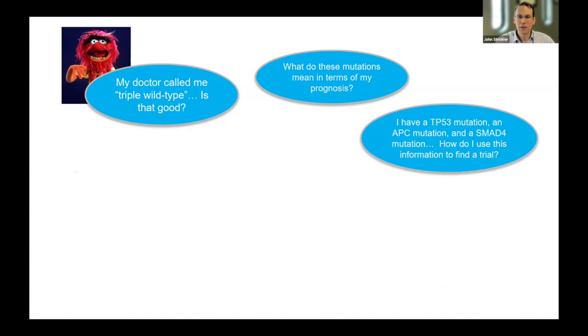Here's a great question. I have a TP53 ABC and a SMAD4 mutation. How do I use this information to find a trial? We are still in an era where we get hundreds of biomarkers being tested on a next-gen sequencing report, and yet very few of them have therapies associated.